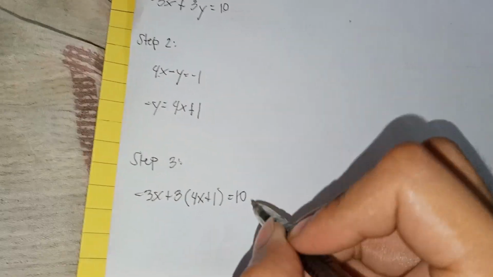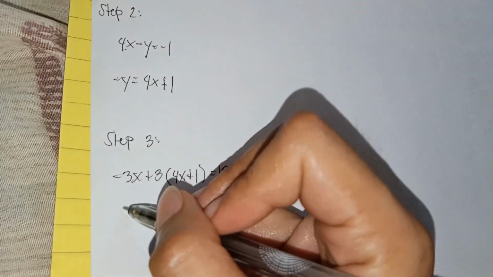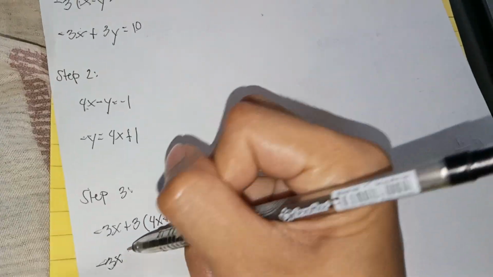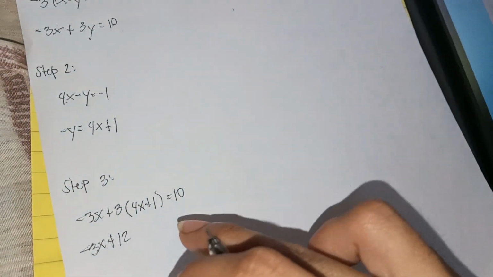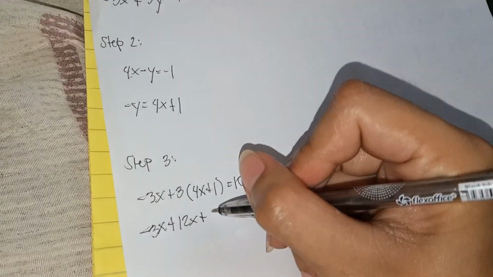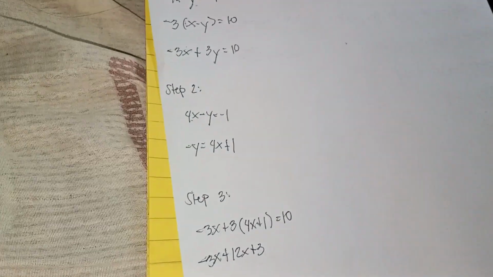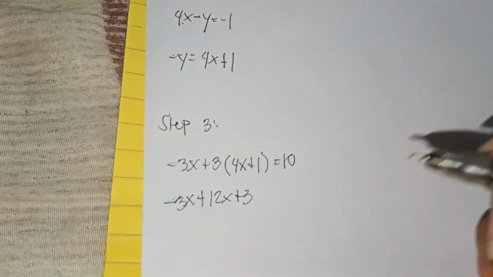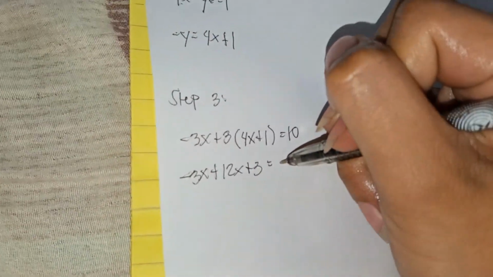So negative 3x plus 12x plus 3, because 3 times 4 is 12 and 3 times 1 is 3, equals 10.